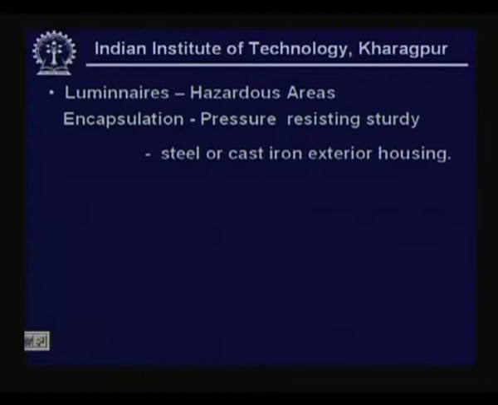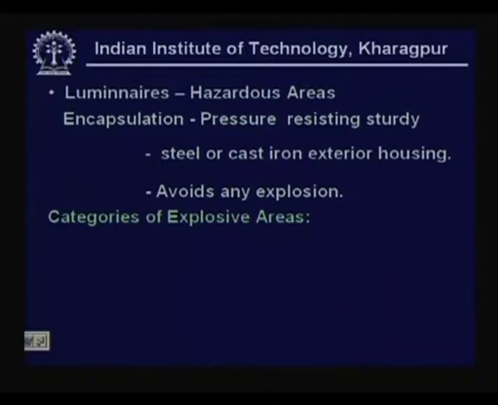Normally they have a steel or a cast iron exterior housing, and they are so designed that they can prevent any explosion whatsoever. Depending on that, certain categories of explosive areas have been identified.